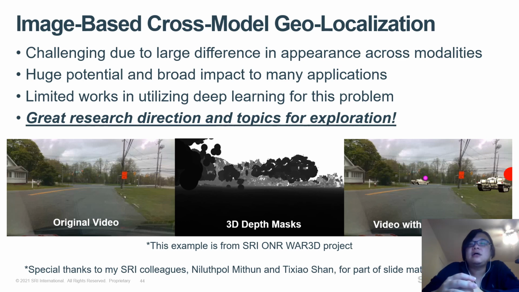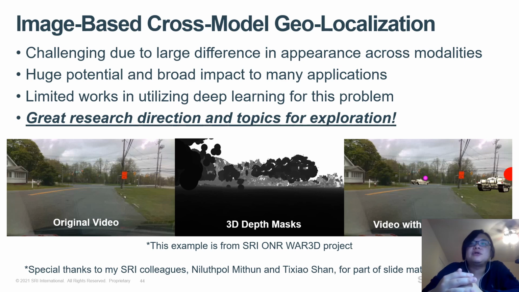However, it has huge potential and can make a big impact on many applications. So far, there are limited works using deep learning for this problem. So this opens many research opportunities in this area.